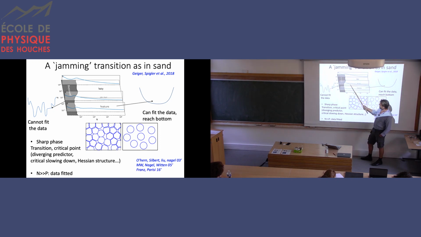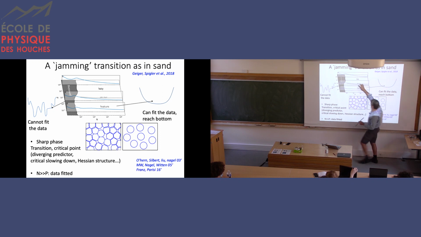In fact, it is this dotted line here, but it has to curve up, because close to this point your predictor diverges. So when you approach this line, you're never lazy. You see what I mean? So you don't have glassy lazy. Yeah, you don't have glassy lazy.